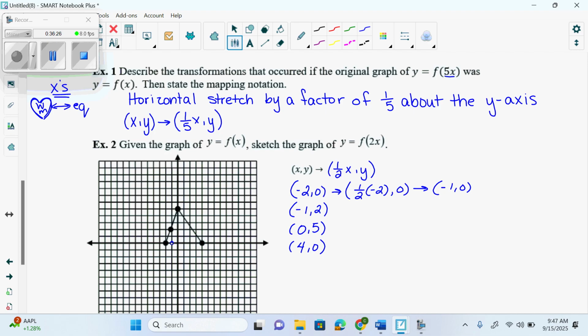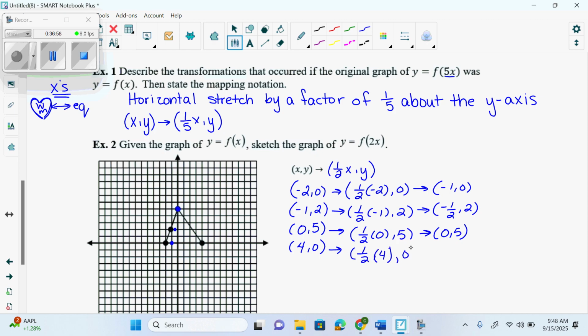Shrinking. -1, 2 is going to be a half of -1, comma 2, which becomes -1/2 and 2, or 0.5 and 2. It's also shrinking. The y-axis is going to remain invariant because I'm going to do a half times 0 and 5, which is 0, 5. And then 4, 0 is a half of 4, 0, which is 2, 0.